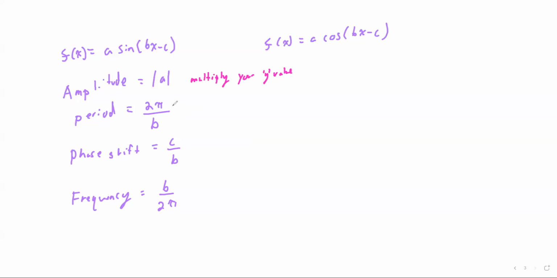That is telling you what it's doing. Your phase shift, that's moving your x value left or right. So you want to add to your x value. And again, frequency, not such a big deal as well. So those are the 2 main things that are going to affect your points.